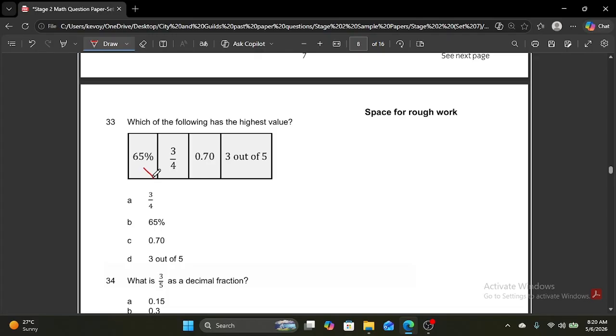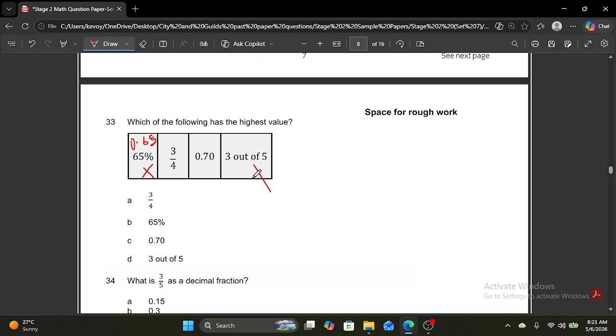So we're going to cancel this one right here because 65% would just be 0.65. That's what it looks like as a decimal number, 0.65. So 0.70 is already greater than that amount.